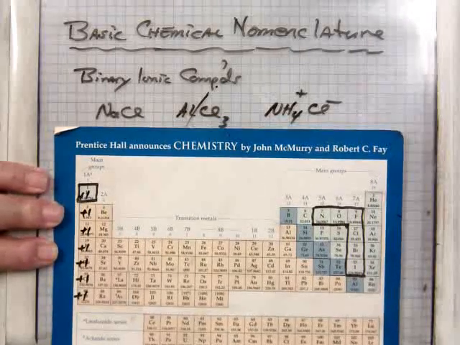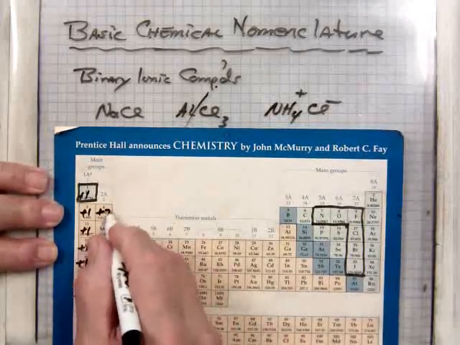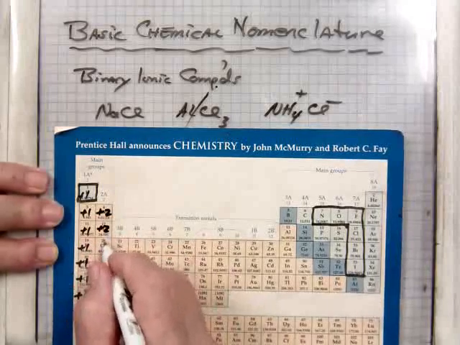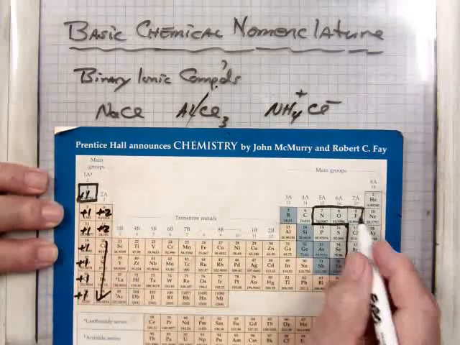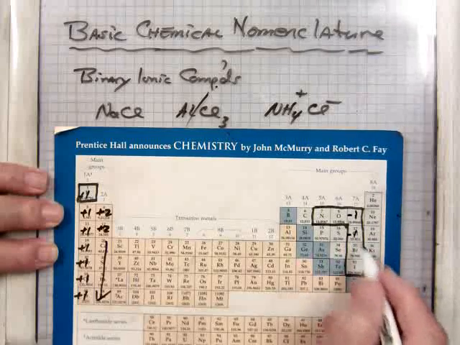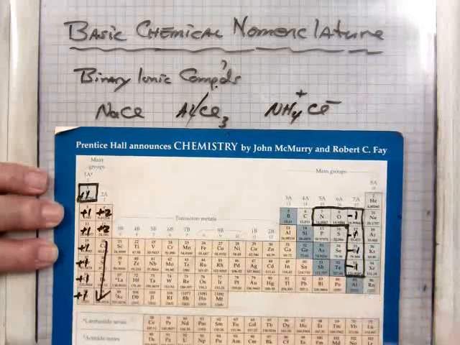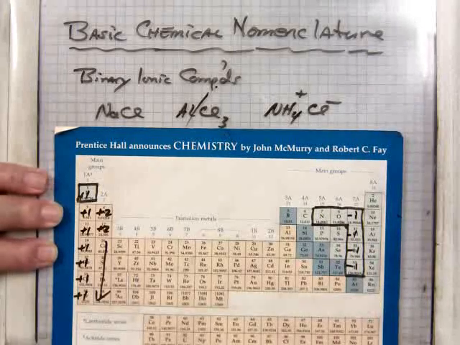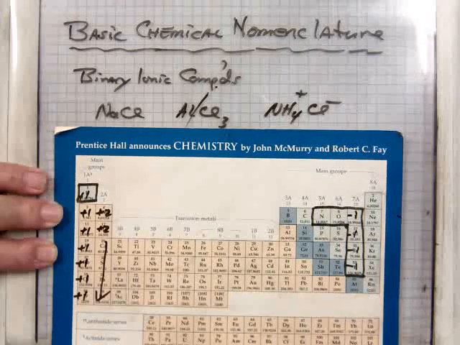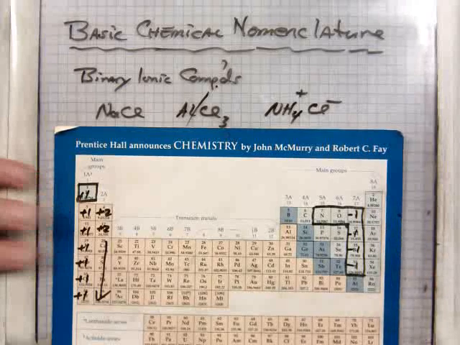We'll get to that. +2s all the way down. And then you come over here, fixed charge -1s primarily. Astatine is a metalloid and typically not included in the halogens reactions for the most part. And then zeros for that one.